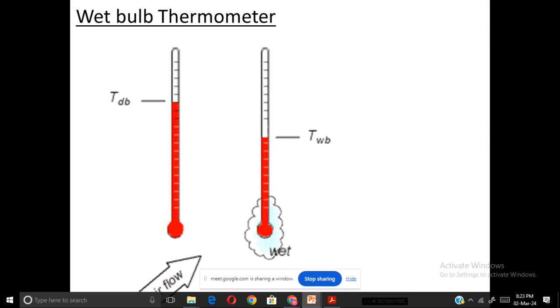So what happens is that when air comes into contact with the mercury bulb, the air will be unsaturated, or the water vapor content in the air will be less. So from the moist cloth, water molecules will start to evaporate and will keep on adding to the air parcel.